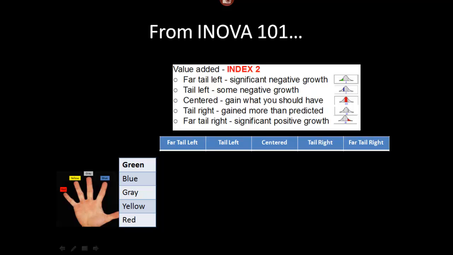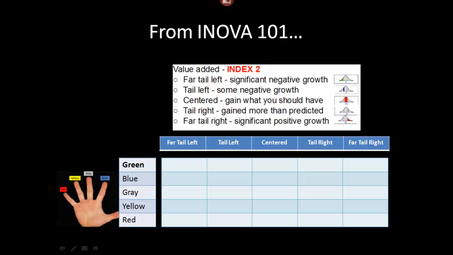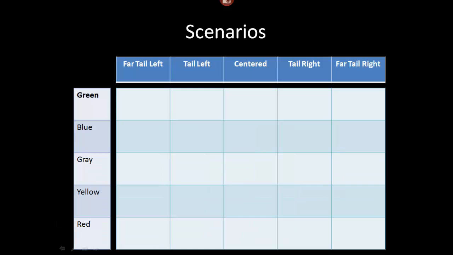If we put the colors and the tails on a matrix, we get a matrix with 25 different boxes. We will call each of these boxes scenarios. Students that are green, that are far tail left, will be students in scenario 1. Students that are green and are tail left will make up our scenario 2 kids.